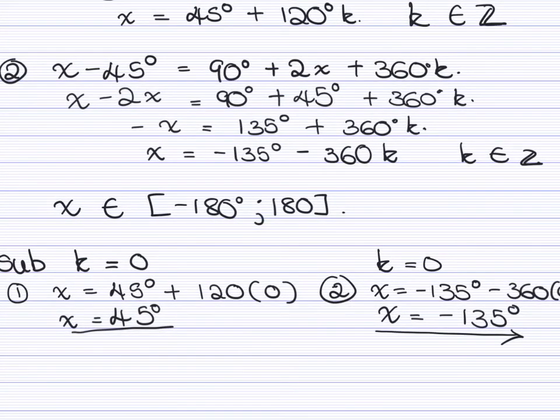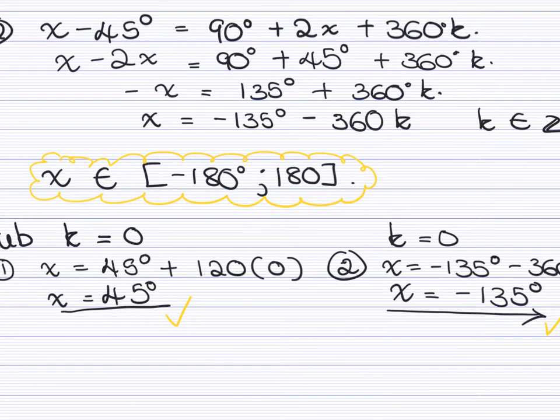We need to check if these values are within this range. Is 45 between −180 and +180? Yes, it is. Is −135 in the range −180 and +180? Yes, it is as well. Right, so we've tested k is equal to 0. We don't stop there. We're also going to test k is equal to 1.